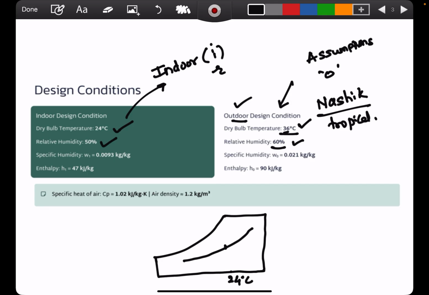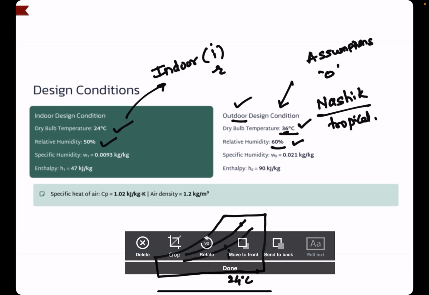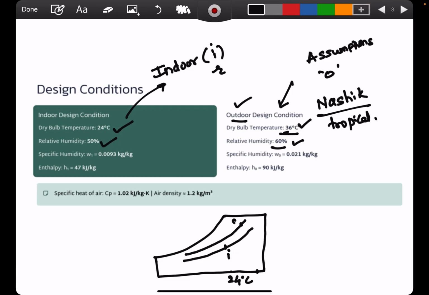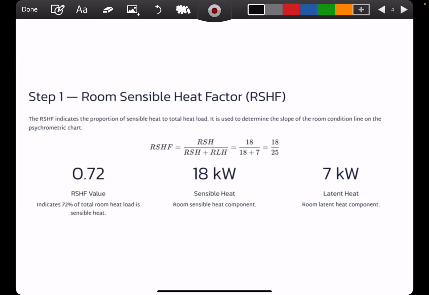This is your inside design condition, and suppose this is your 60% RH line, and this is your 36 degrees centigrade. So this becomes your outside design condition. This way you first identify the inside and outside design conditions on the psychrometric chart.